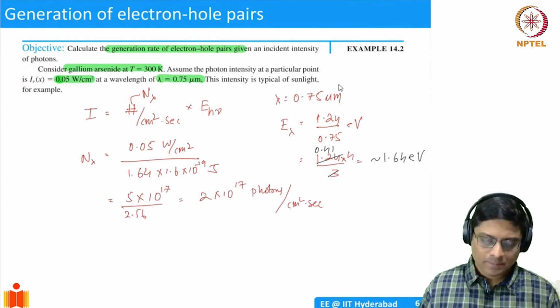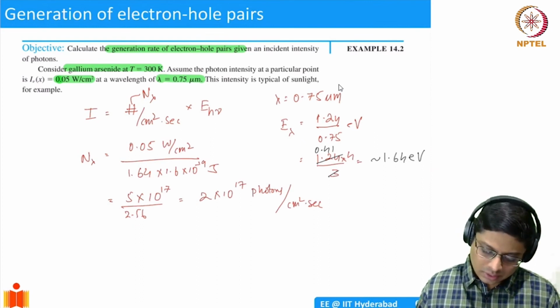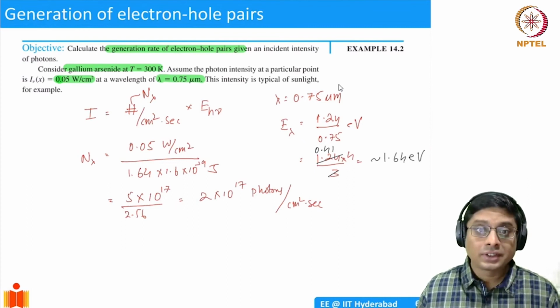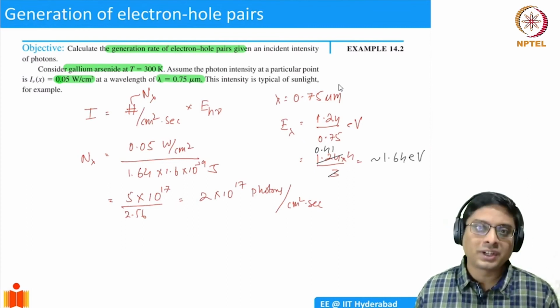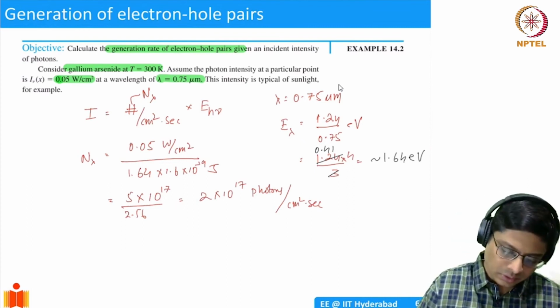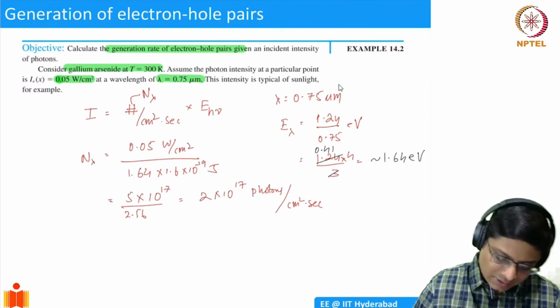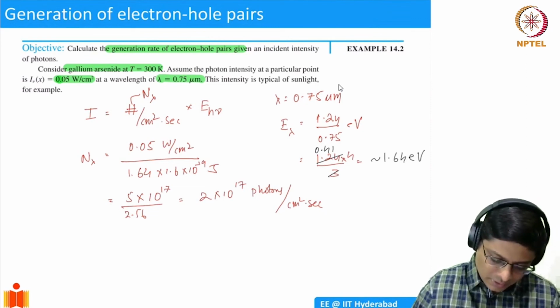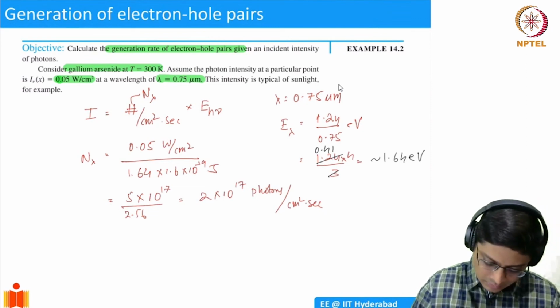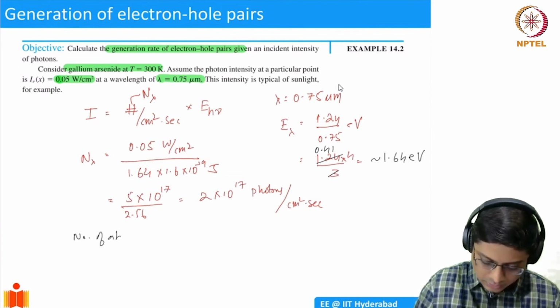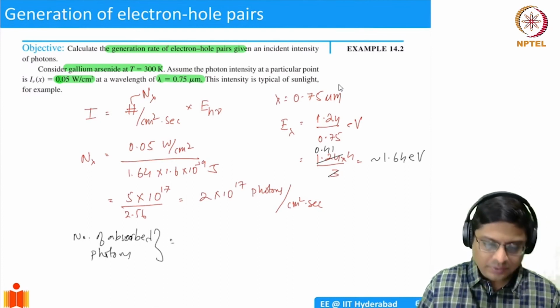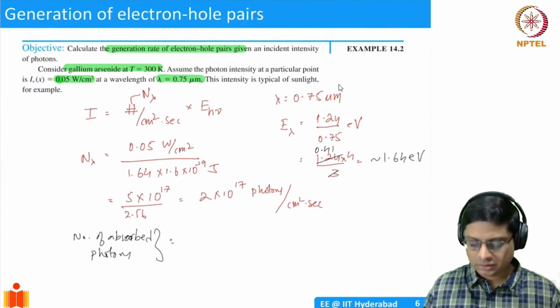Okay. Now, you're not asked the number of photons. You're asked how many electron hole pairs are generated, right? So how do you calculate that? Well, we have to look at the number of absorbed photons. This will be alpha times the incident number.